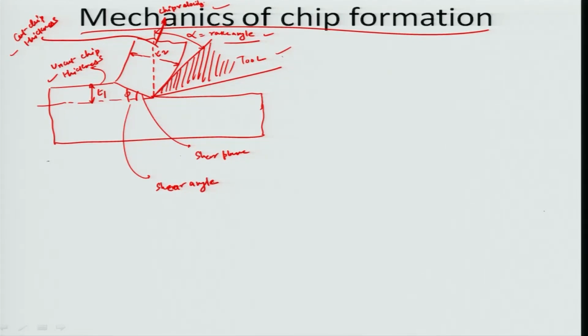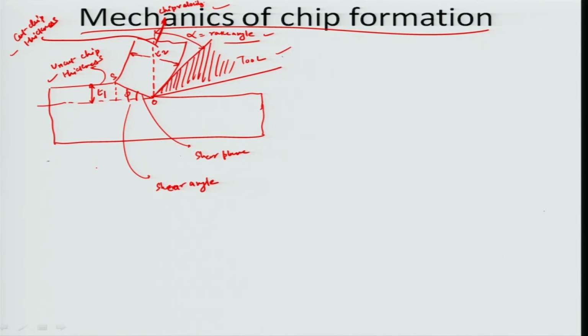I would just draw a small perpendicular from this particular point here, which I call S, which is the end of the zone where the chip formulation is taking place.